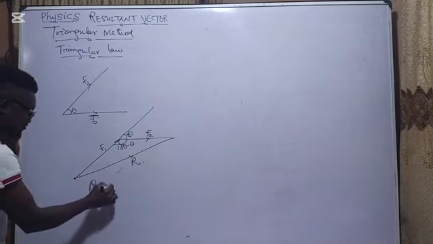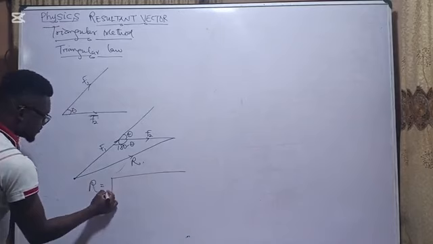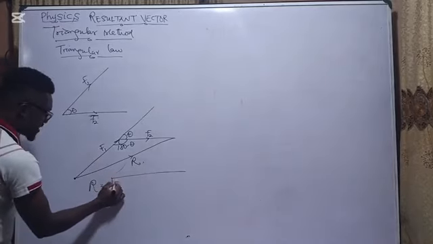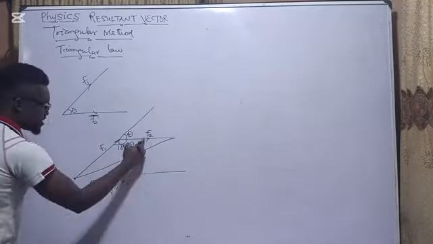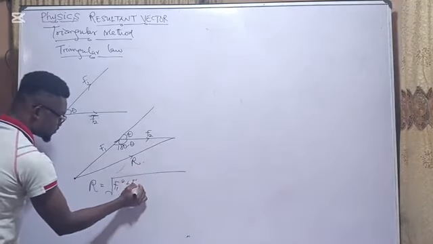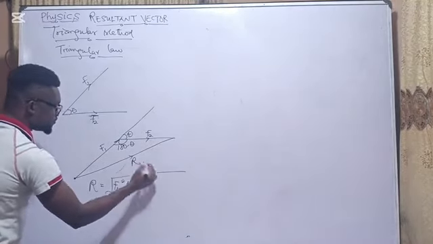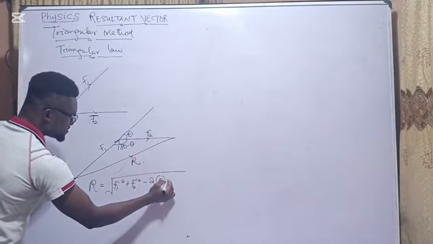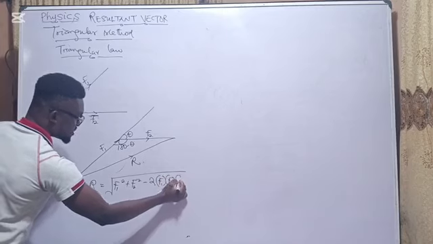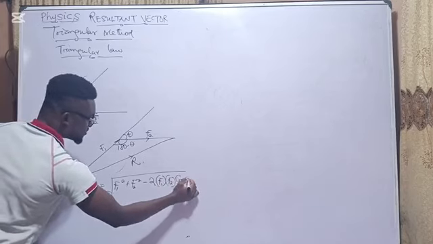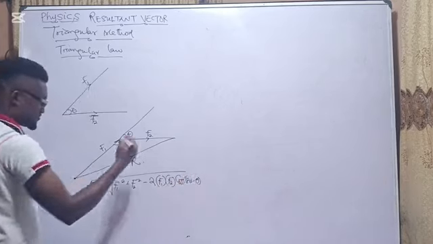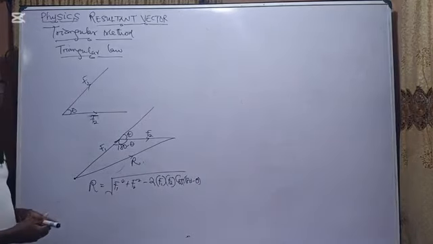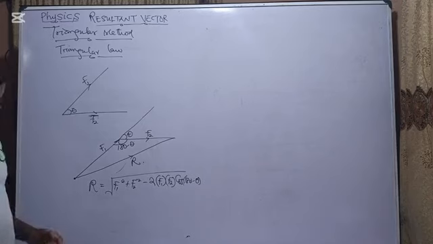Then you have R to be the square root of F1 squared plus F2 squared minus 2 F1 F2 cosine of that same angle inside there. So you see it is the same thing as that of parallelogram with respect to the magnitude.